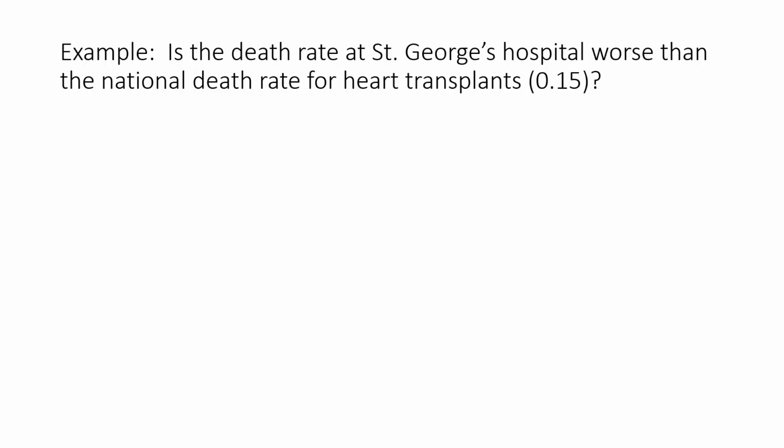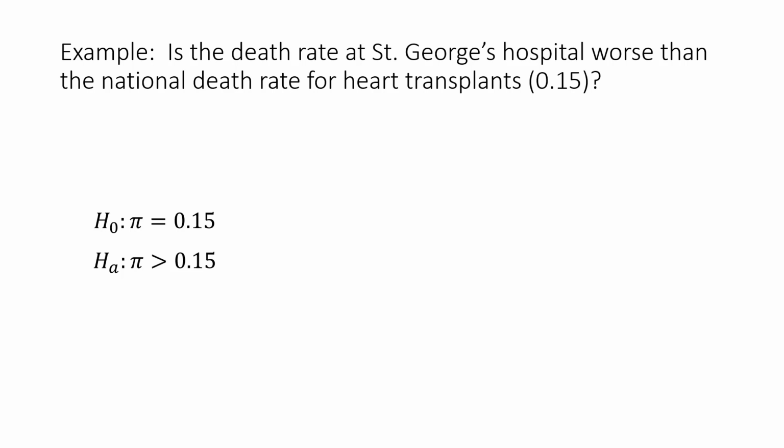Let's use the z-score, also known as the standardized statistic, to investigate whether the death rate for heart transplants at a particular hospital is worse than the national death rate for heart transplants, which is 15%. So we're investigating these hypotheses. The null hypothesis is that pi equals 0.15, where pi is the long-run proportion of heart transplant patients at St. George's Hospital who die.